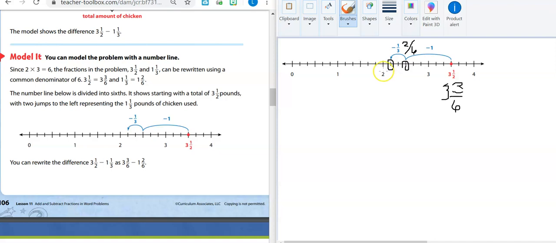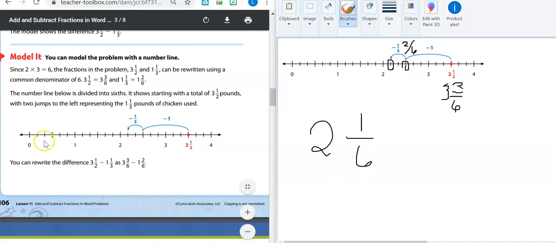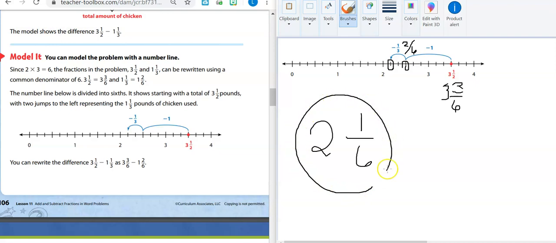So that means our answer would equal 2 and 1/6, because on our number line, we have 2 whole parts left, and we have 1/6 of our total left. Because again, each whole part is broken into 6 equal parts, and we have 1/6 left. So our answer would be 2 and 1/6.